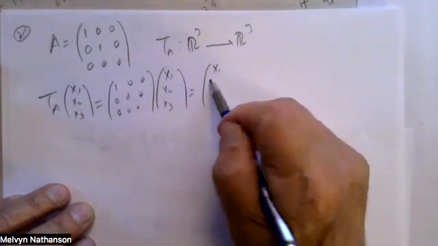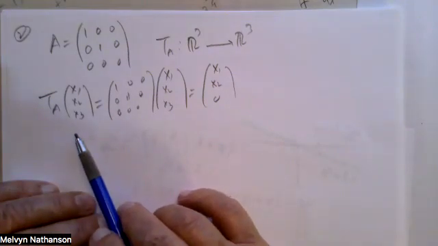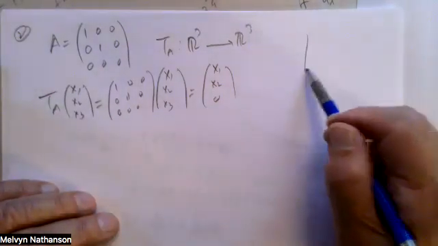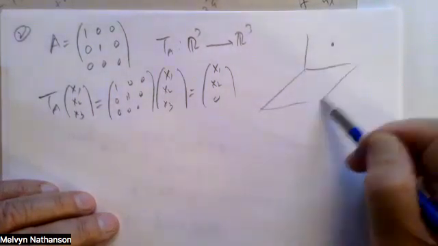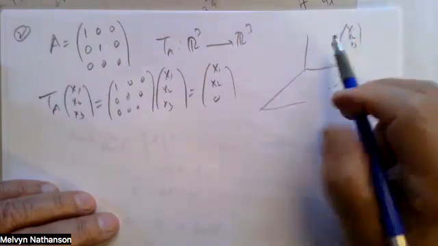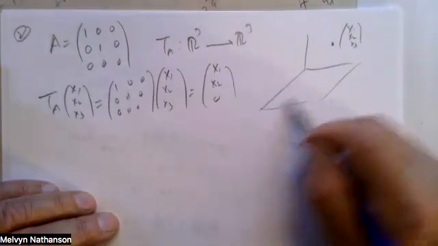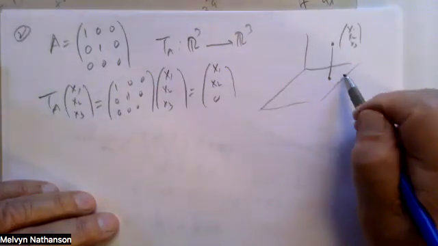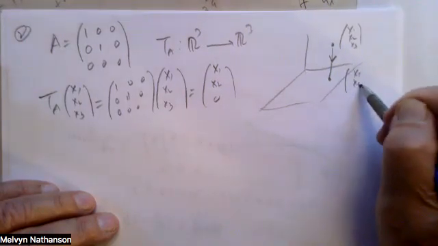That's the vector x1, x2, 0. If you want to think about what this means geometrically, if this is 3-space, you have your vector x1, x2, x3. If this is projected onto this horizontal plane, this is x1, x2, 0.